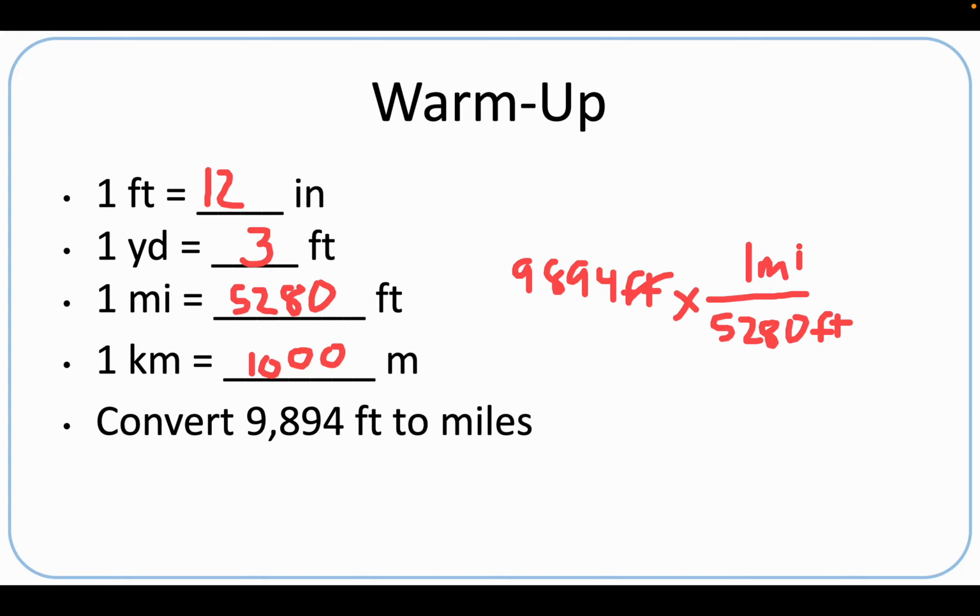And so our feet are going to cancel out, and then we just multiply. So we'd be doing 9,894 divided by 5,280. If you use a calculator to do that, we'll get approximately 1.87 miles.